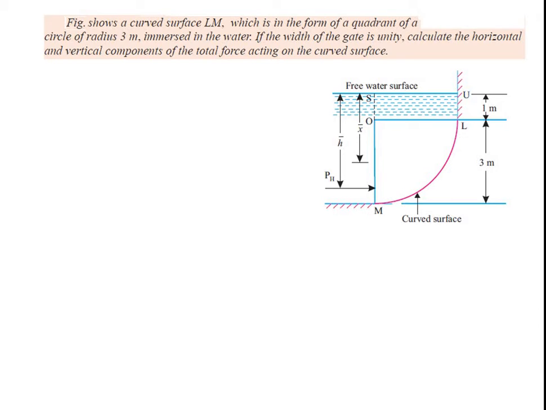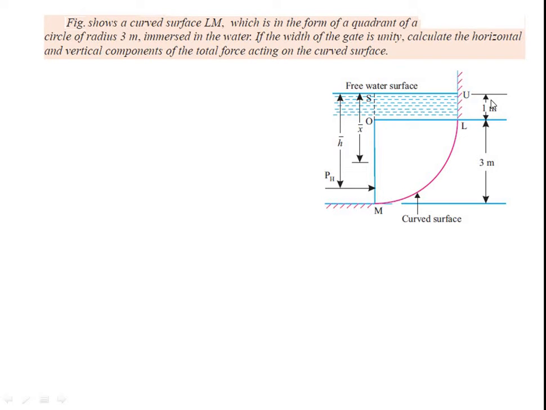Now here see carefully, this is the curved surface LM. We already studied that OM is the vertical plane over which horizontal pressure forces are acting, and OL is the horizontal plane over which vertical forces are acting.